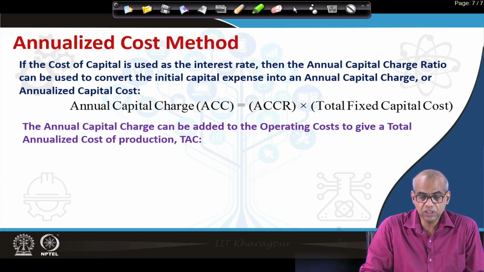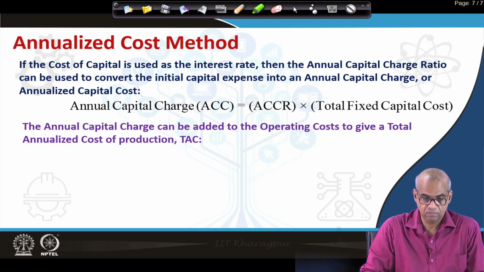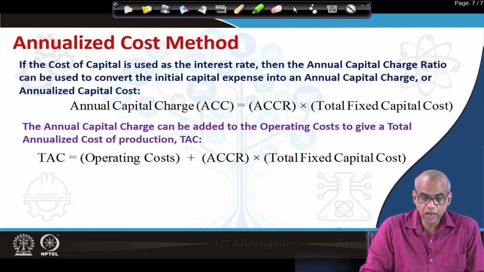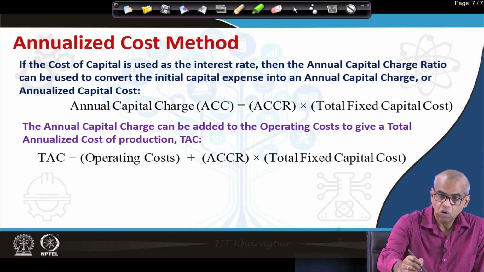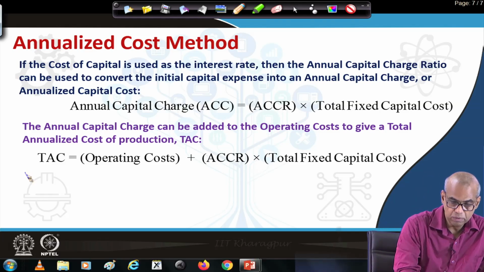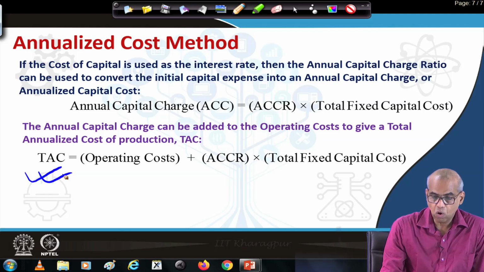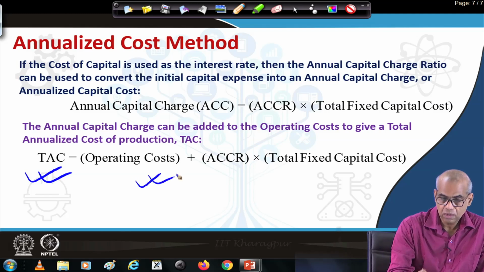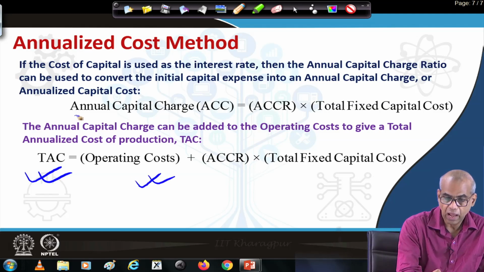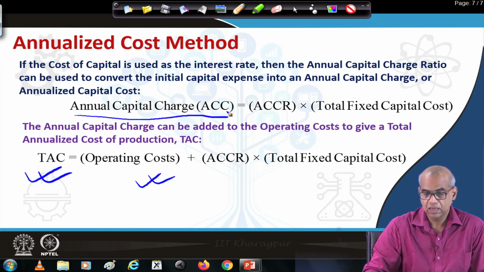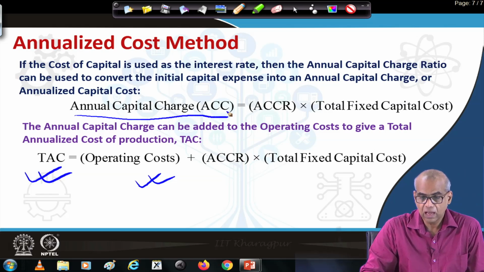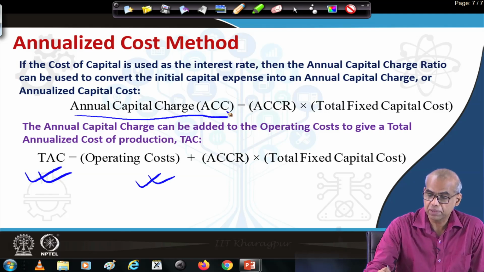The annual capital charge can be added to the operating cost to give a total annualized cost of production or TAC. So, total annualized cost of production or TAC will be sum of operating cost plus annual capital charge. Annual capital charge is annual capital charge ratio multiplied by total fixed capital cost.